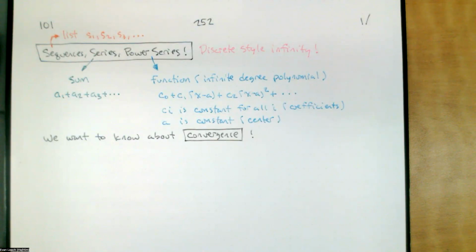So let's briefly discuss convergence of a sequence. We say that a sequence converges. Actually, there's a better way to write this definition, but I say a sequence converges if the terms have a limit.